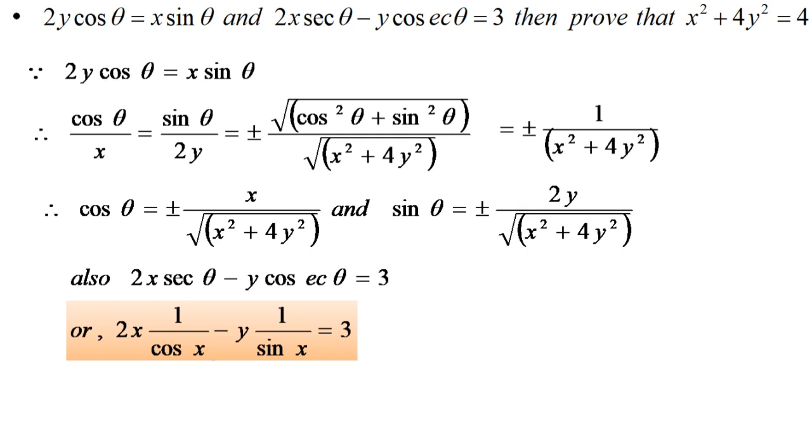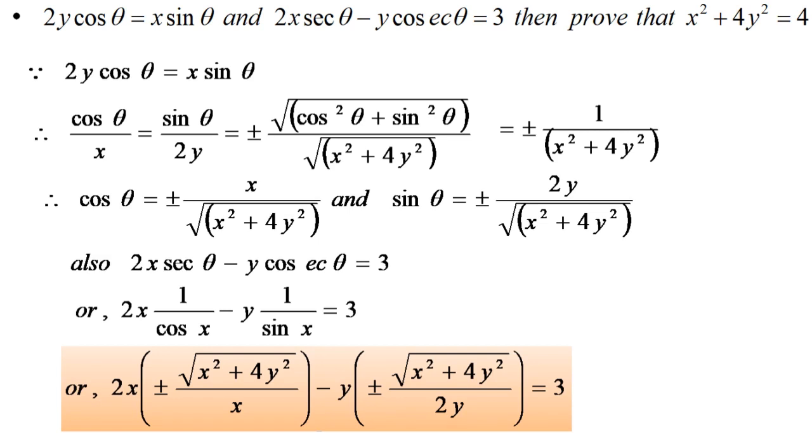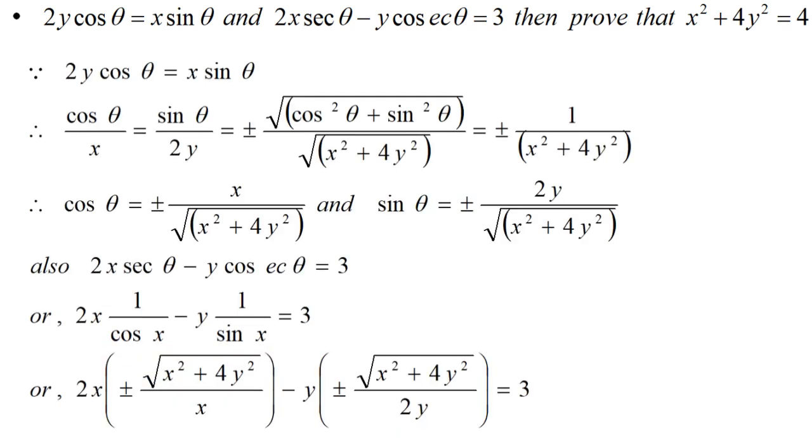Then 2x by cos theta minus y by sin theta equals 3. Now put the value of cos theta and sin theta in this expression and we get 2x into plus minus root over x square plus 4y square by x minus y into plus minus root over x square plus 4y square by 2y is equal to 3.